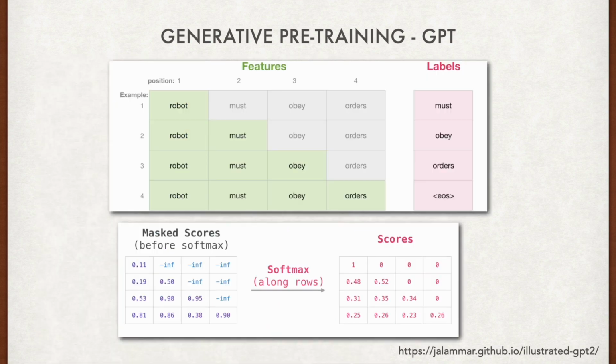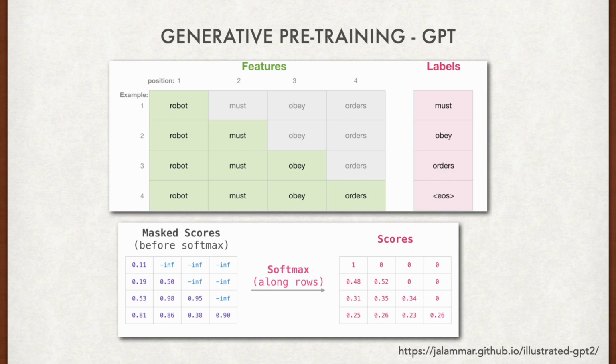Each row of this matrix representing masked scores represents a given time step. At a given time step, the values in the row tell us how important each token is from the perspective of the current time step. When processing the first word, robot, the network can only access the first token, so the whole focus of the network is put on that single token.